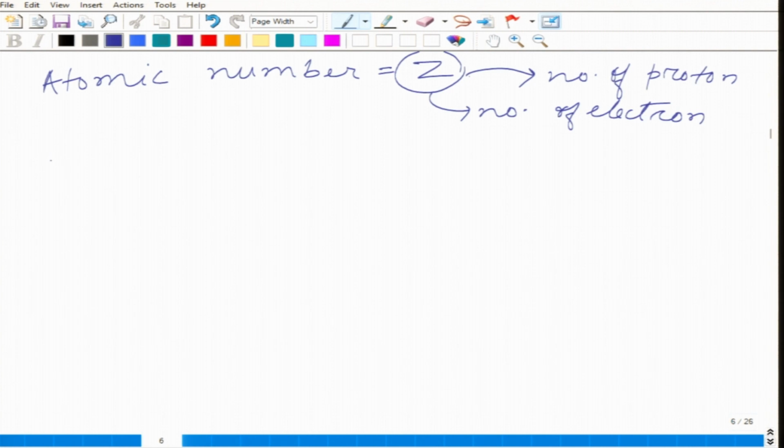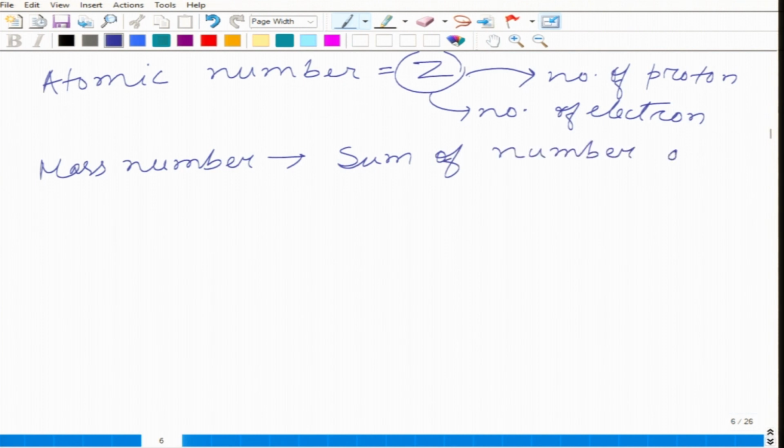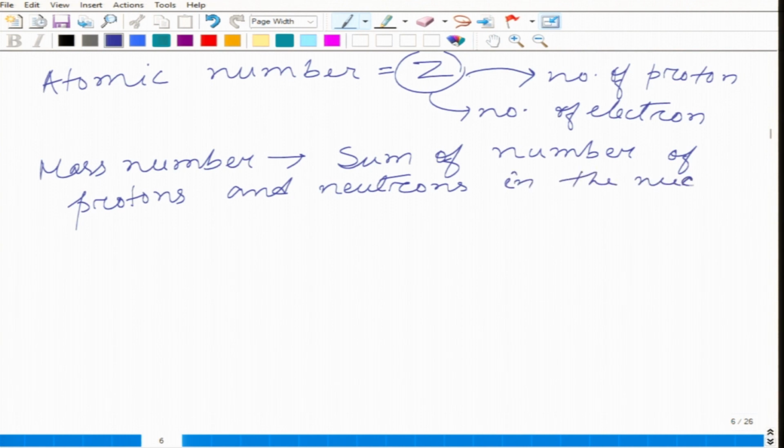Now the second one is mass number or atomic mass. What is mass number?